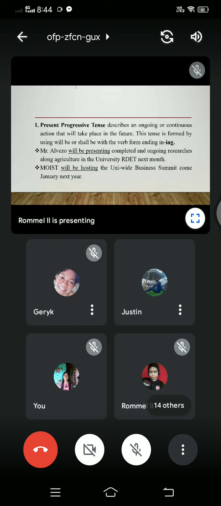Example number 2. The underlined words in this example, will be presenting, describe an ongoing continuous action.